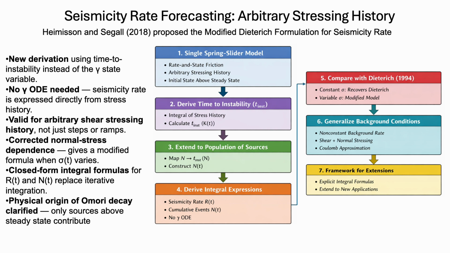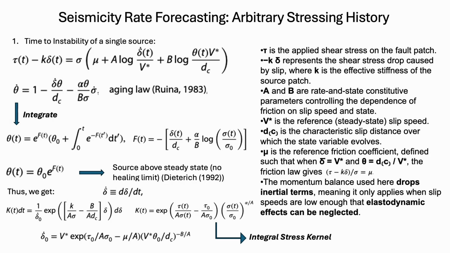They also do some other additional work, such as for non-constant background seismicity rate and shear and normal stressing and Coulomb approximations, and they also develop the generalized constitutive formulation. However, that is a bit difficult to understand, and it's beyond the scope of this lecture, but we will see what they have done over here.